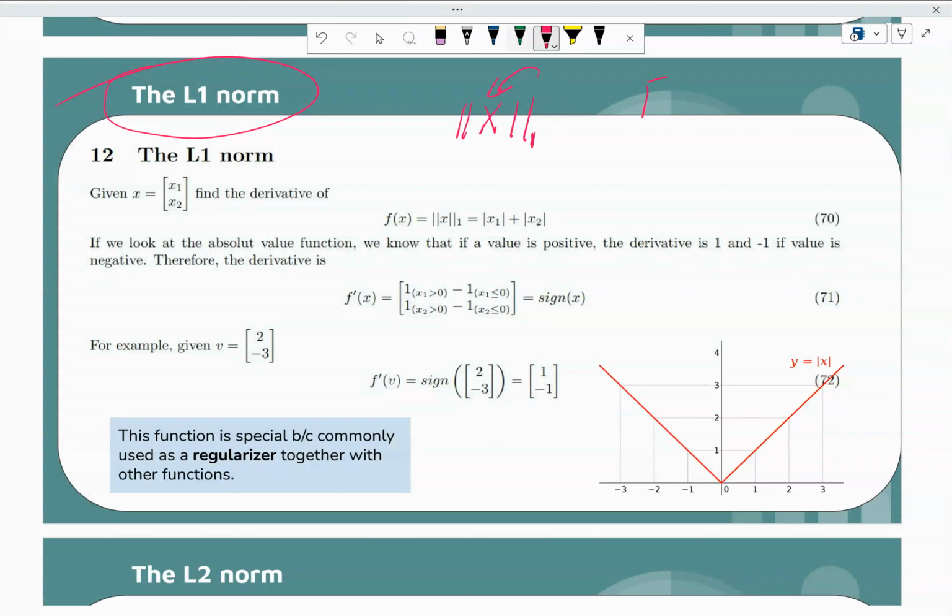So this vector could be maybe 1, -2, for example. The L1 norm simply adds up the absolute value of each element. So it will be the absolute value of 1 plus the absolute value of -2, giving us 3. So that's what an L1 norm is.